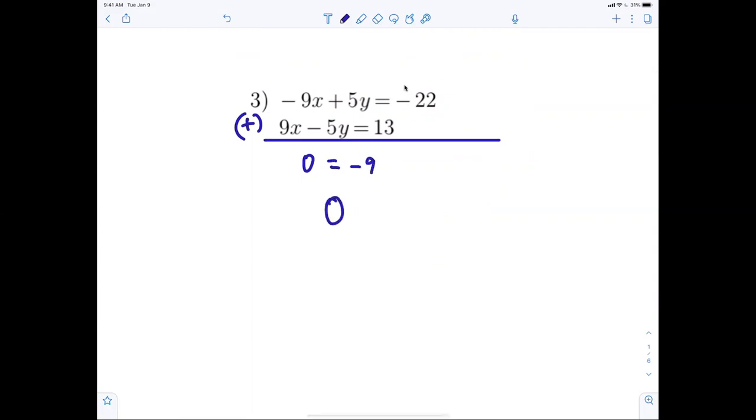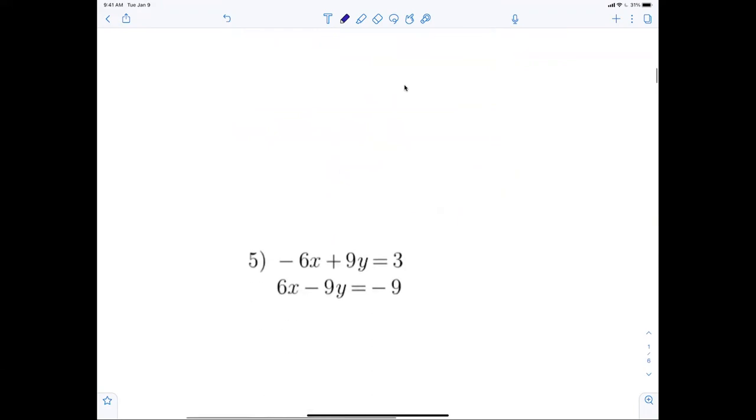There is no solution to that system of equations, which means what is true about those two equations? It is a false statement. That's how I know it's no solution, which means they're parallel. So I want everybody to write parallel lines. Not that that's the answer, but remember, if there is no solution, that means they're parallel.